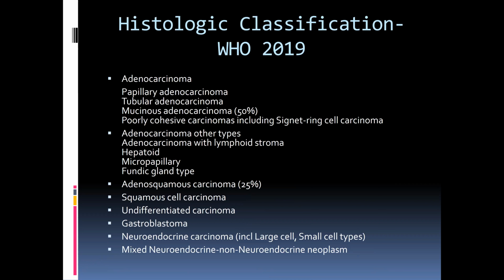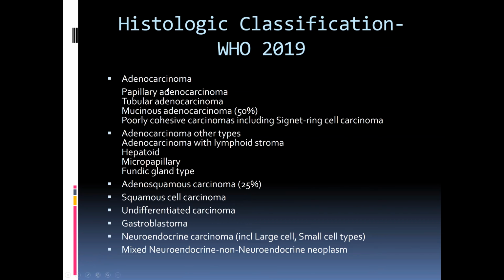CAP checklist still does have some of the Lauren classification entities there, in the sense that you can still check intestinal type or signet ring cell type and so forth in some respects. And I don't think those terms are going to go away, but they fit under the WHO categories in different sequences.